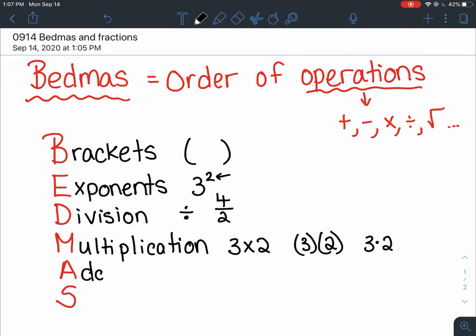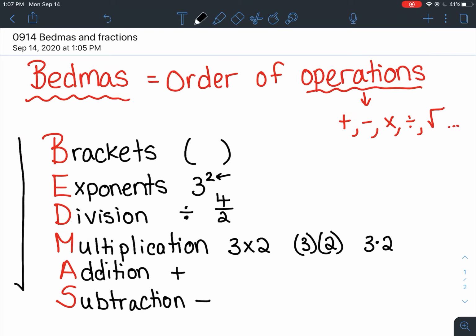Then there's addition, which is adding, and then there's subtraction, which has a minus sign. So this tells us you start here and then you go down. This tells us the order that we complete operations in.